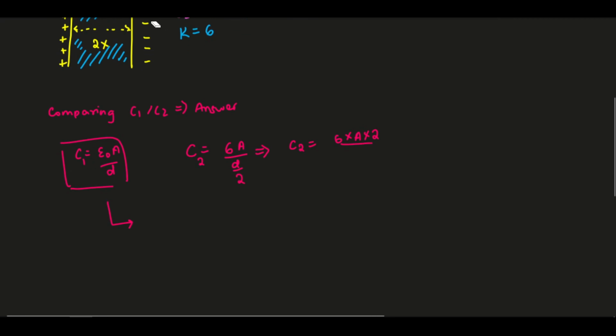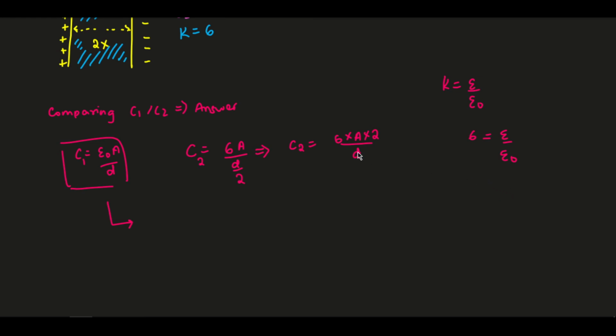So we assume the dielectric constant. I messed up in the dielectric constant area. So we know that K equals epsilon by epsilon naught. So we know 6 equals epsilon by epsilon naught. Then we know the value of epsilon naught. So what we need to find out is how to represent the epsilon here.